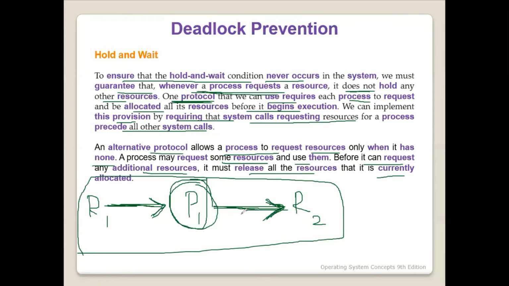Then only it can request a new resource. If we have this protocol, this procedure, we can make sure that we don't get this hold and wait situation. Either the first protocol or the second protocol. There are two procedures explained to avoid the hold and wait situation.